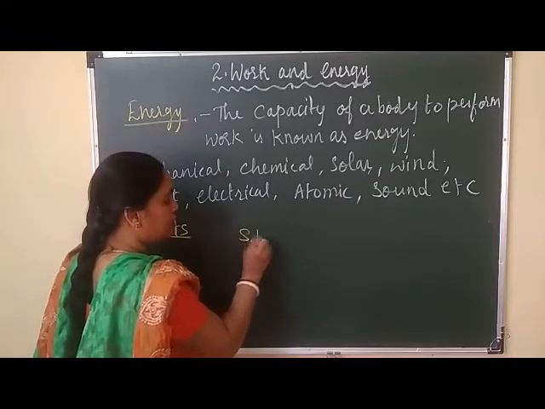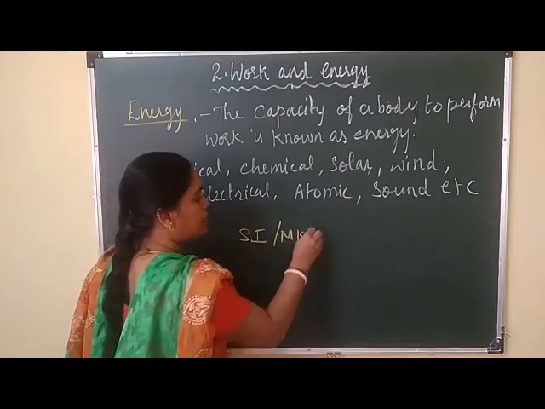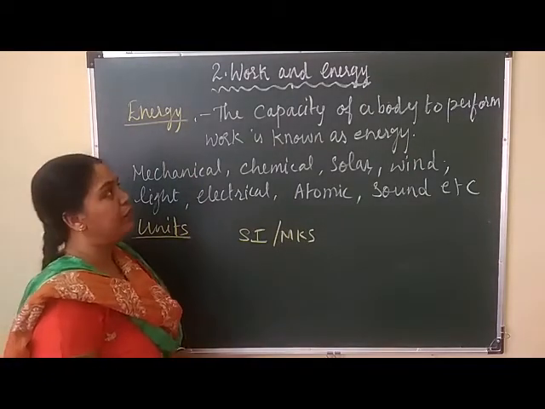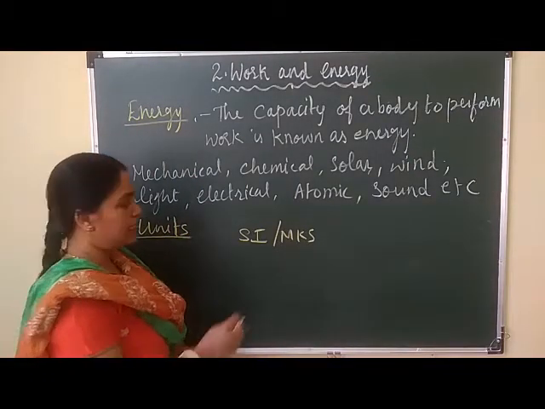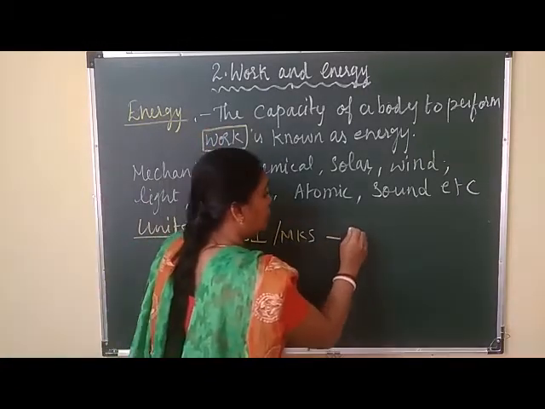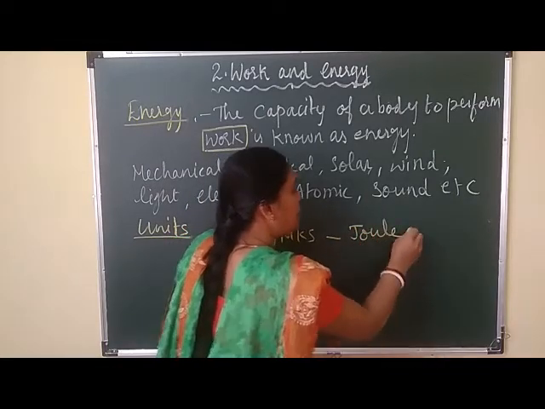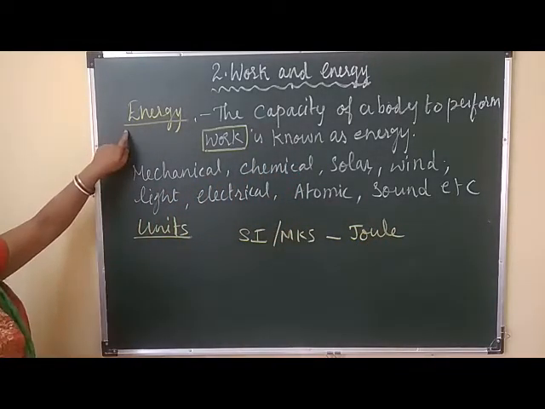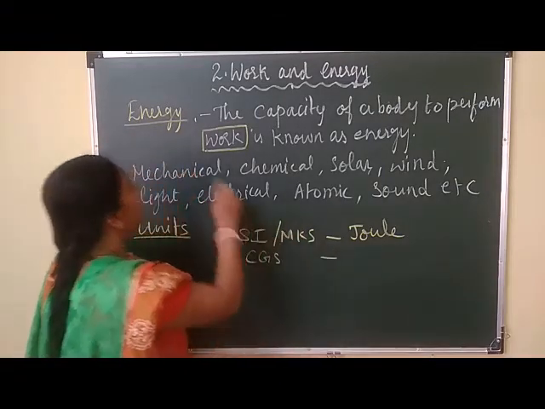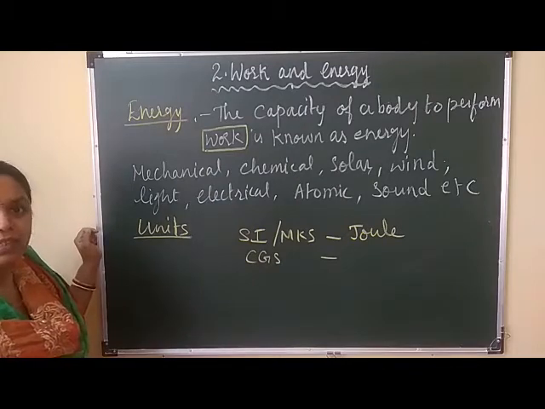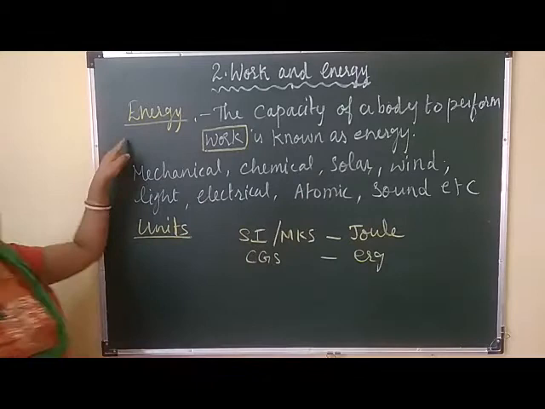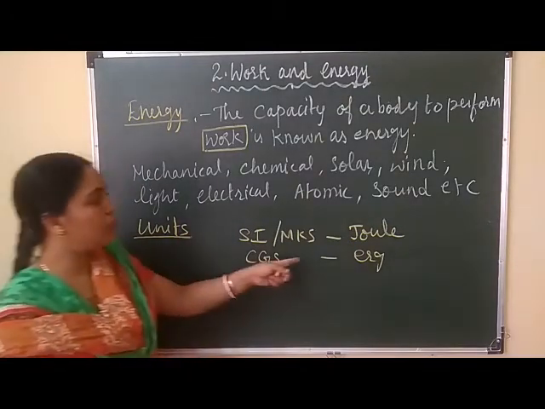In the SI system or MKS system, you know that the unit of work is joule. So the same is the unit of energy. Then in the CGS system, the unit of work is erg. So it is also the same for energy, as both are related.